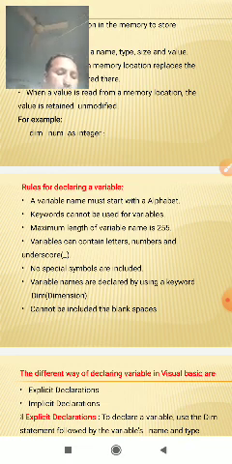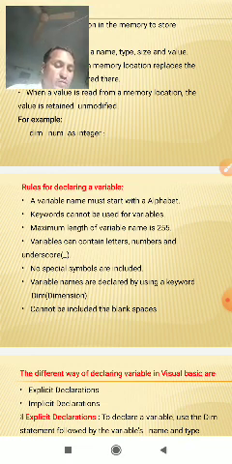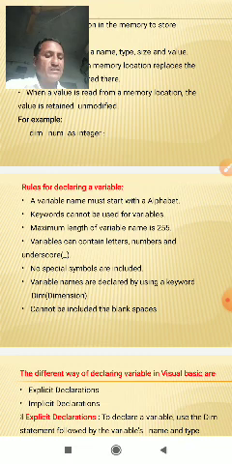Variables store many types of information. Integer: a number, 2 bytes, from minus 32,768 to plus 32,767.